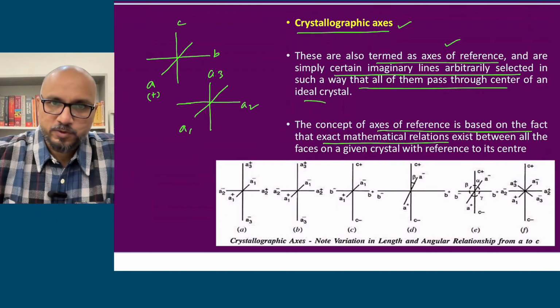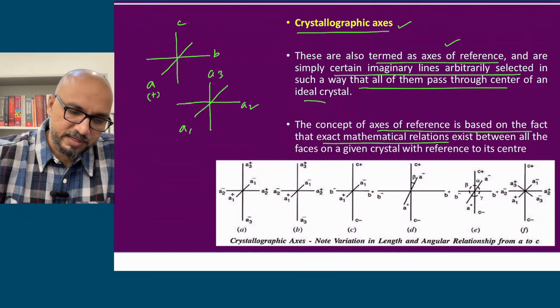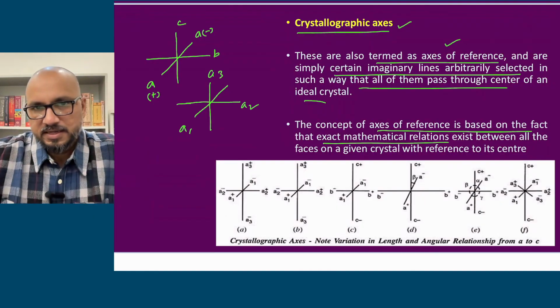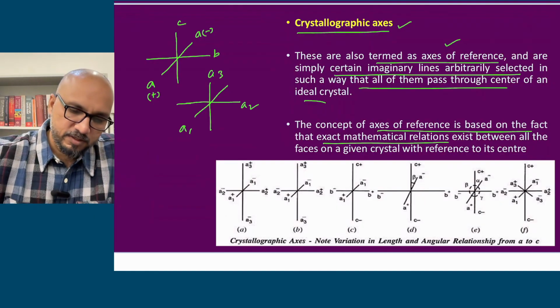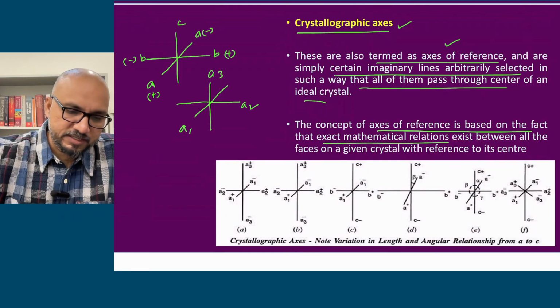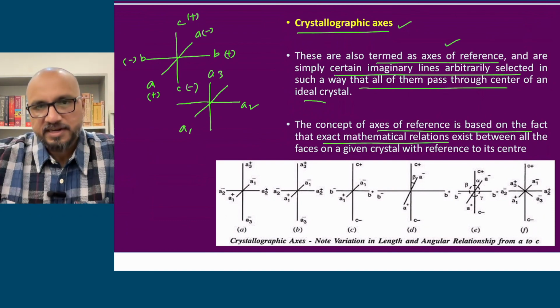If the A axis is toward the back, meaning the crystal face is on the back side, it will be negative. The B axis on the right side is taken as positive, and the B axis on the left side is taken as negative. C axis on the top is taken as positive and C axis on the bottom is taken as negative. So they will help in labeling. These positive and negative signs help in labeling the faces.